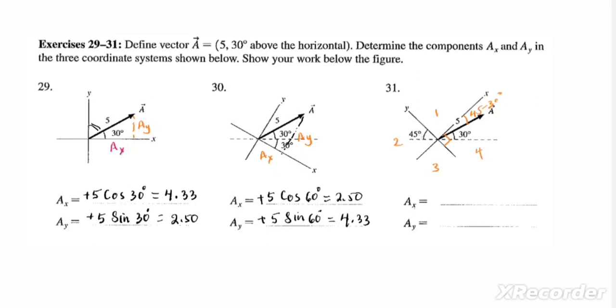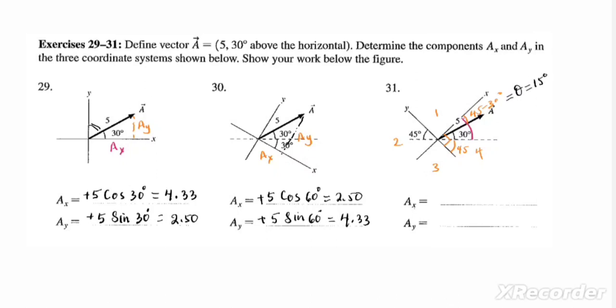You see that this is 45 degrees, which means that this angle is 45 degrees. If that's 45, then this is 45, which means that this angle here, let's call that theta, is 45 minus 30, which is 15 degrees.